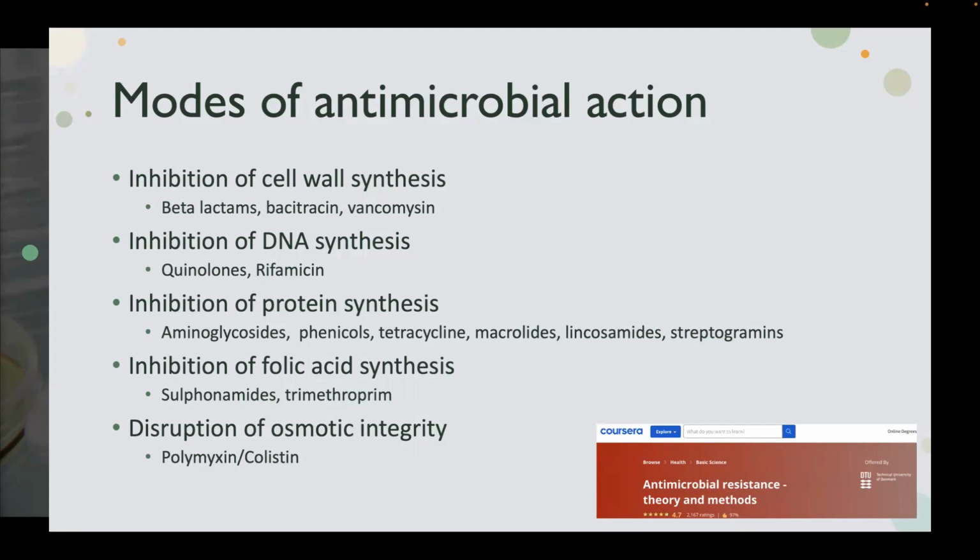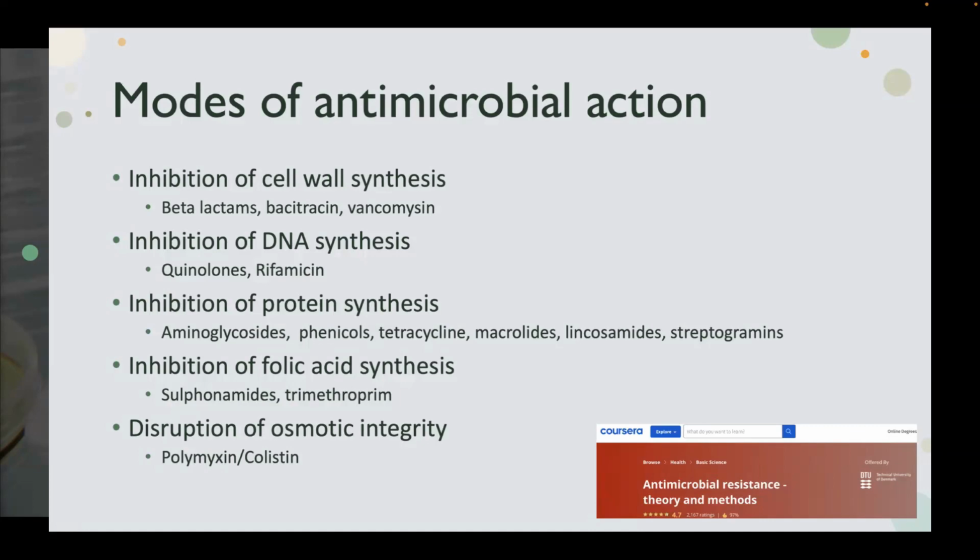So I just wanted to give us a quick background on different types of antimicrobial resistance. There's a really excellent free course on Coursera, Antimicrobial Resistance: Theories and Methods, that comes out of the Technical University of Denmark. I've really enjoyed it, it's quite a good course, and it's free. A lot of this I'm just taking from them, so I gave them credit.